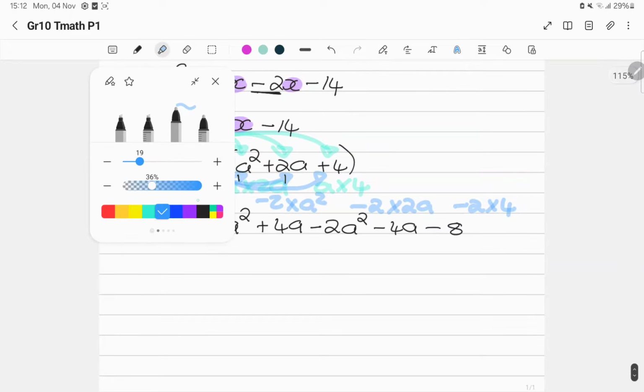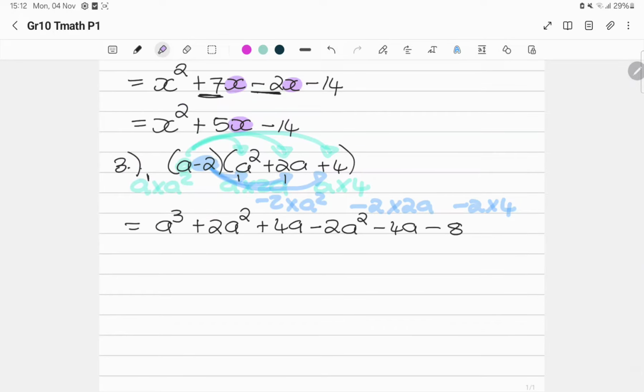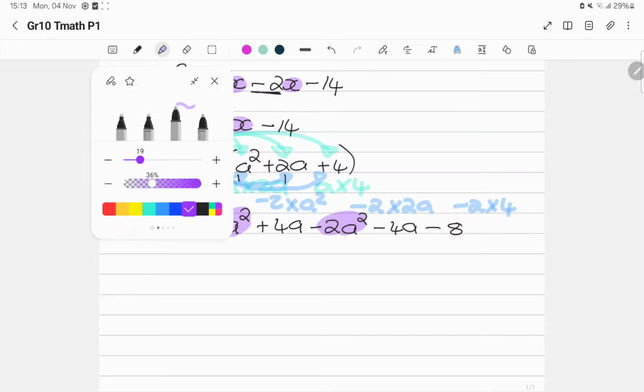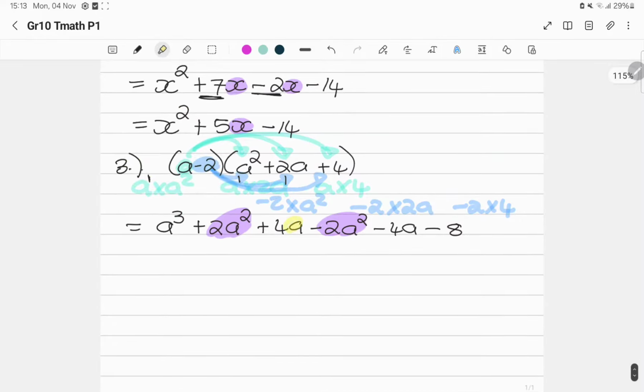Once again, go and check, do you have any like terms? Well, yes I do. I have an a squared and an a squared. And then I also have a normal a and a normal a. So now I have to ask myself, what is 2 minus 2? It gives me 0.